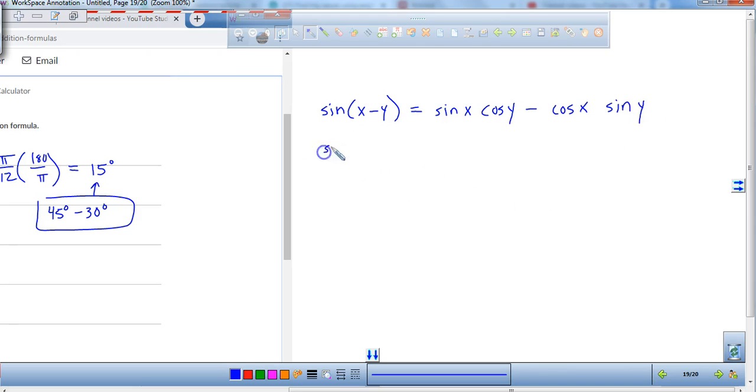Now this time we're going to substitute 45 degrees minus 30 degrees. So let's go ahead and substitute now. This won't take long. We already know the answers to these because we just did a problem that dealt with the 45 and the 30 degrees, so we're just going to plug them in.